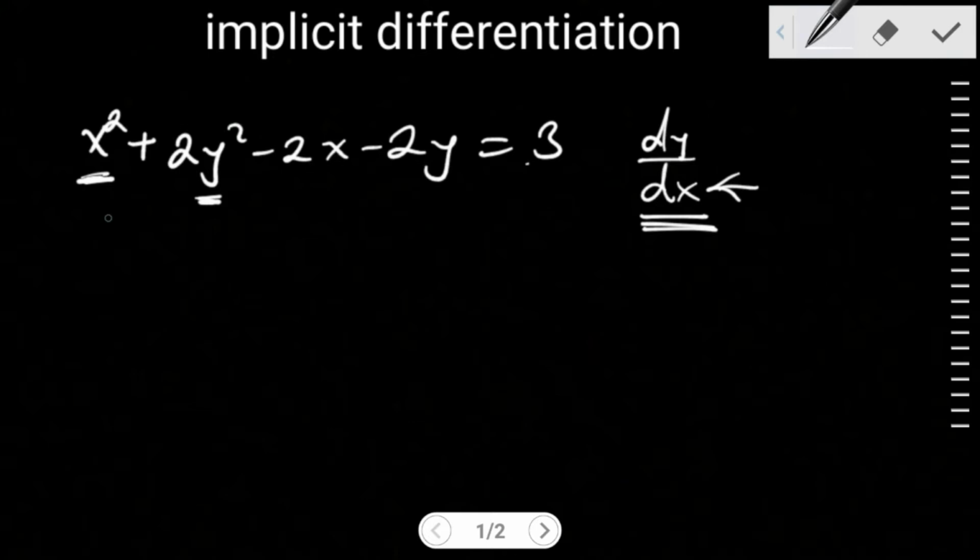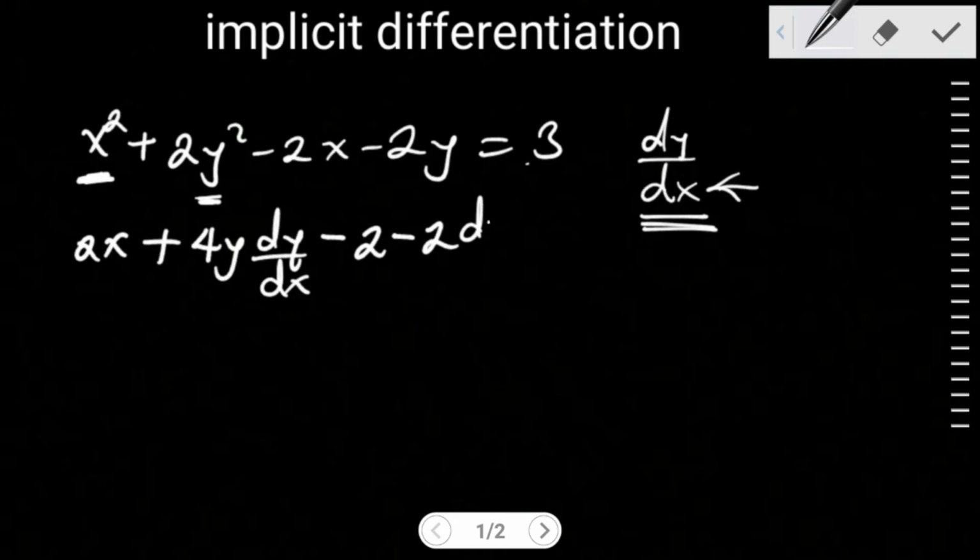So if I differentiate x squared, I'm going to get 2x, then plus 4y dy/dx, because it is with respect to x. Then minus 2 minus 2 dy/dx, which would be equals to 0 because 3 is a constant.